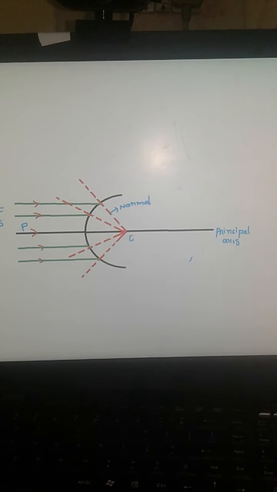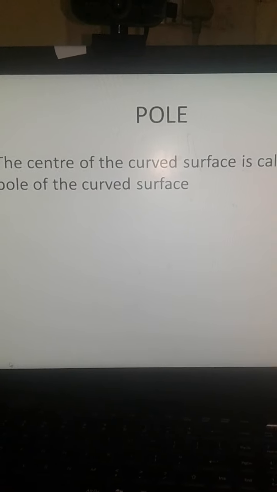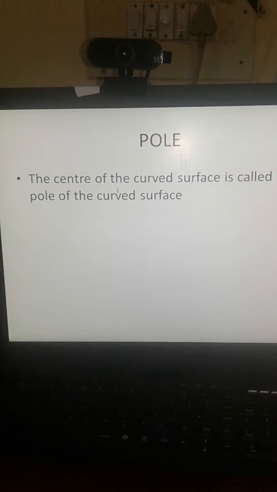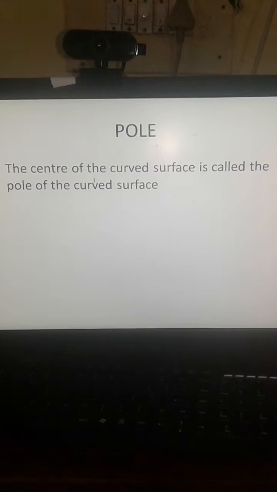Now let us move to the definitions more clearly. Pole: the center of the curved surface is called the pole of the curved surface.